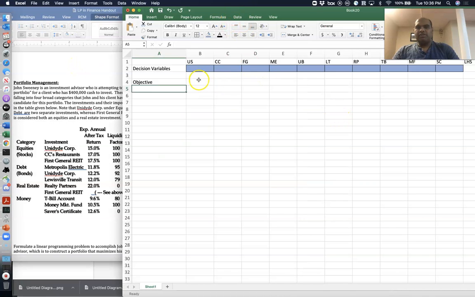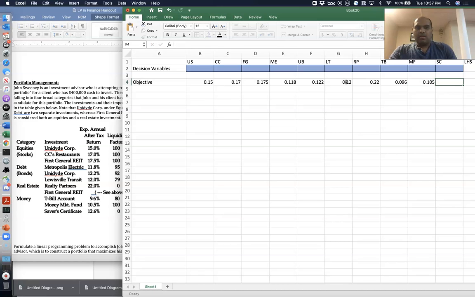So let's write the objective. You have 15%, 17%, 17.5%, 11.8%, 12.2%, 12%, then 22%, then 9.6%, 10.5%, and 12.6%.